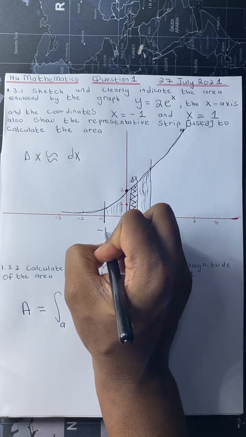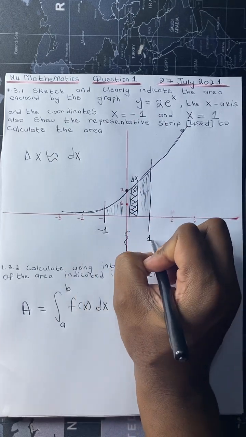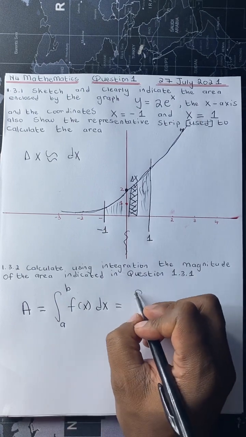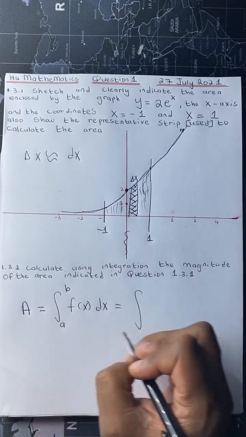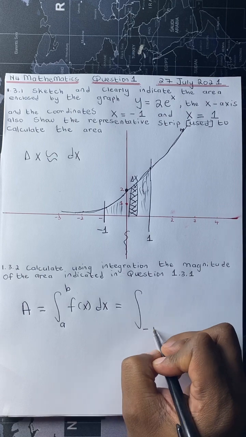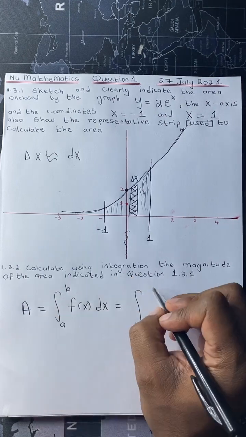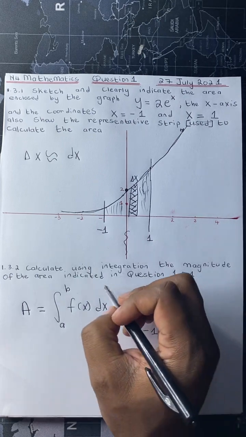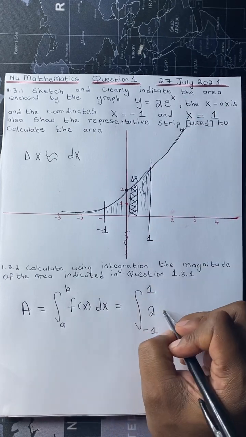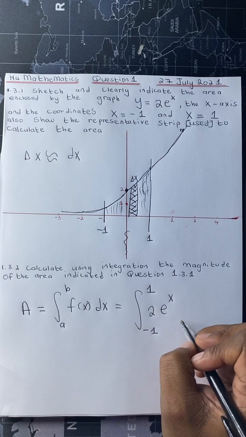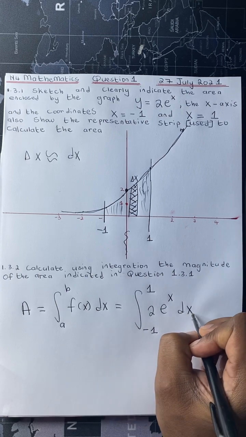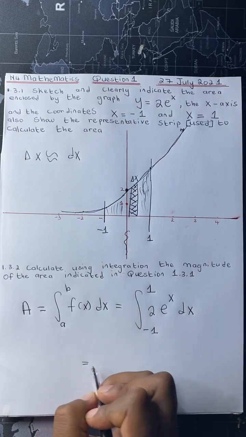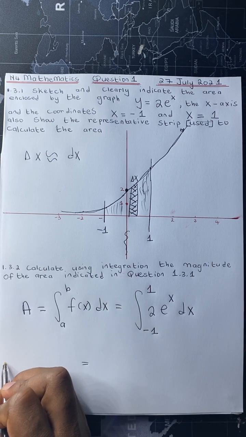So we know that our limits are from -1 to +1, so a will be equal to the smaller number, which is -1, and b will be the larger number, which is +1. And our f of x is equal to 2 times e to the power x dx.